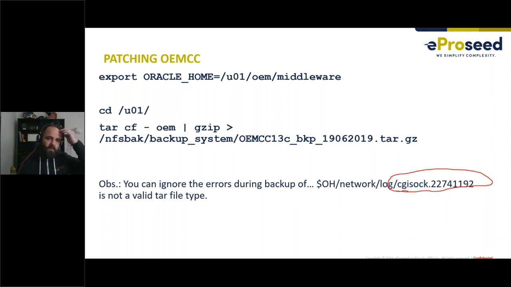I read one note from Oracle saying that these files are just for sockets. Another thing I faced is regarding the ulimit, because on AIX the system administrators usually don't change the limit. So if you plan to create large files, to unzip the patch for example, or to back up the Oracle Home, you need to change the limit.